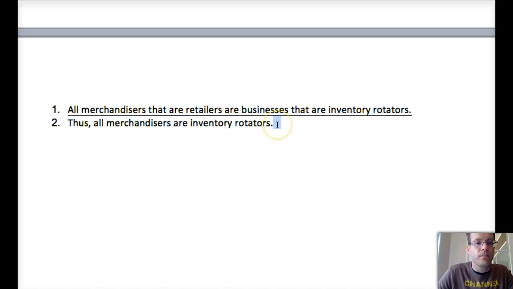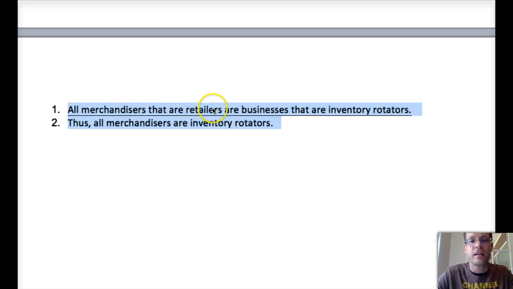Last one, here we go. Blissfully, I'm sure, you think. All merchandisers that are retailers are businesses that are inventory rotators. And thus, all merchandisers are inventory rotators. Okay, for those of you not possessing the MBA, this just requires a little bit of attention. Think about what it says. It says all merchandisers that are retailers are businesses that basically rotate inventory.